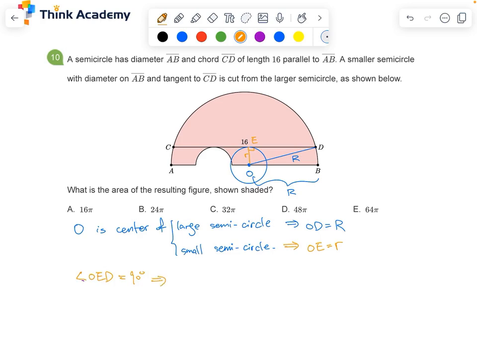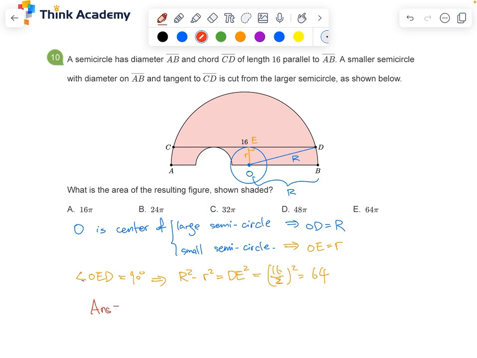So what do I know? I know that R squared minus r squared is just DE squared. What is DE squared? CD is a chord in the large circle, so the altitude from the center of the large circle would land at the midpoint of CD. So DE would just be 16 over 2, squared, which is 64. Now let's look at the shaded area.